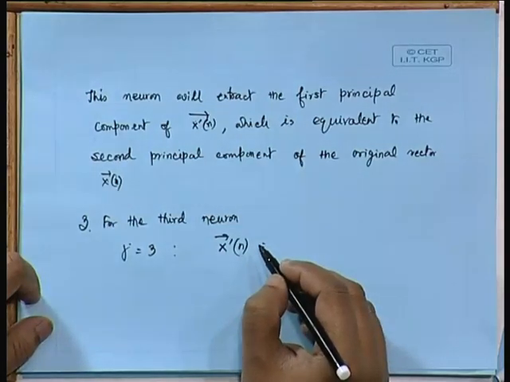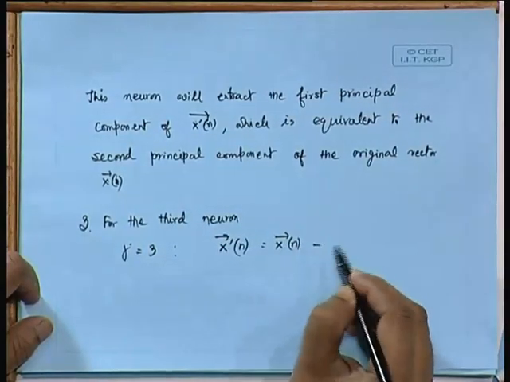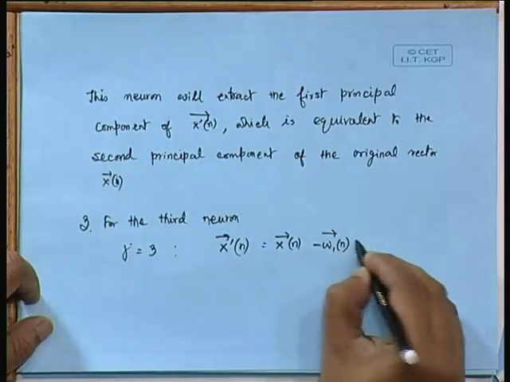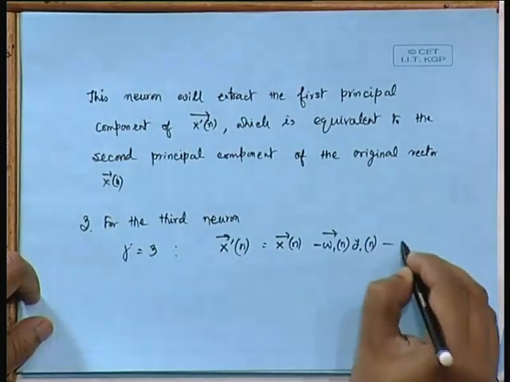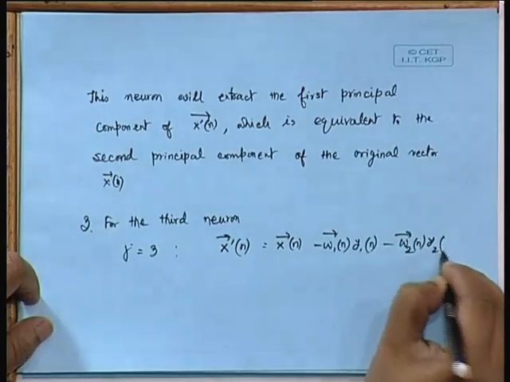Anybody can suggest? The first two terms will go away from the x n vector, right? So, x prime n will be, yes, equal to x n minus w1n y1n, correct, minus w2n y2n.